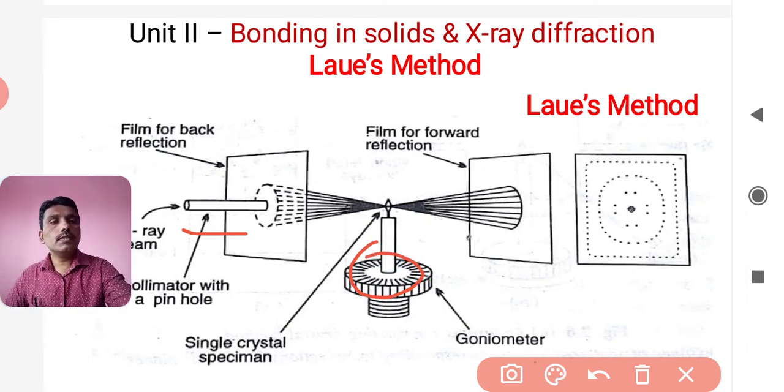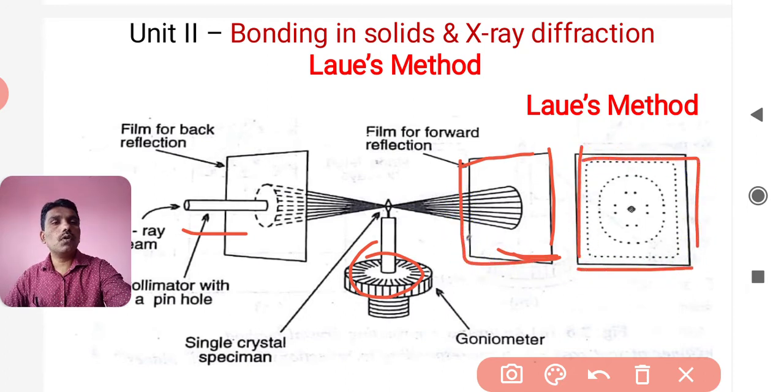And here is the screen, or the eye telescope. Here a photographic film is used. Two photographic films are used here for the pattern of the crystal.